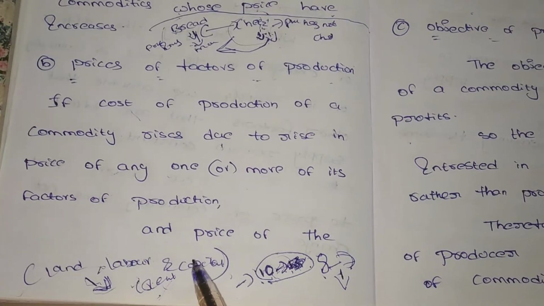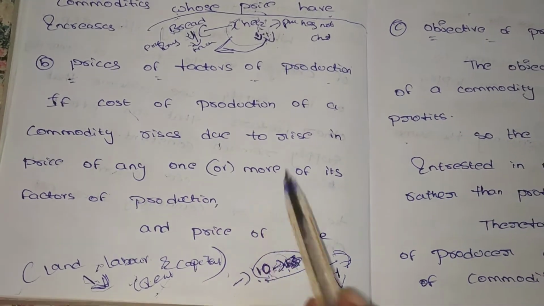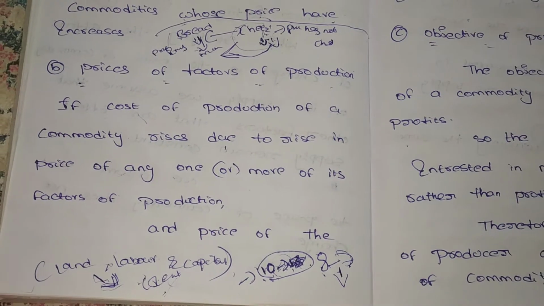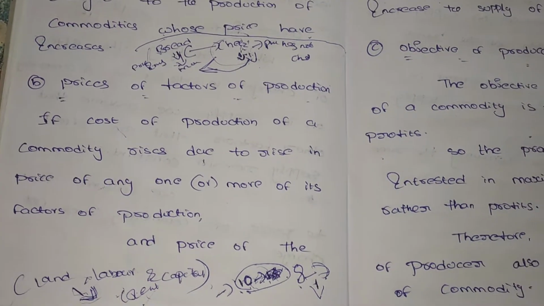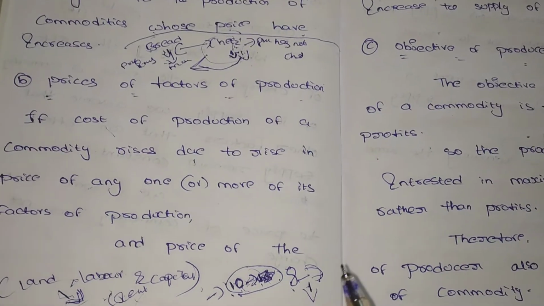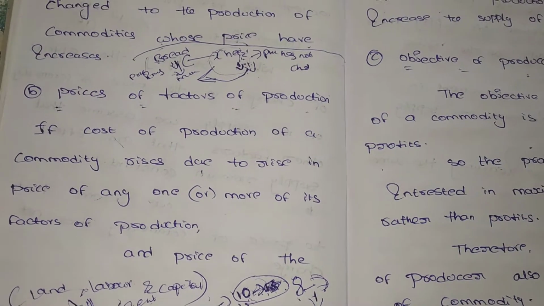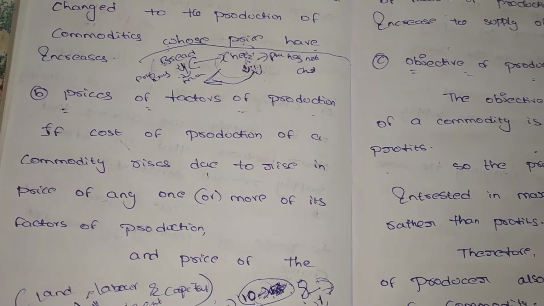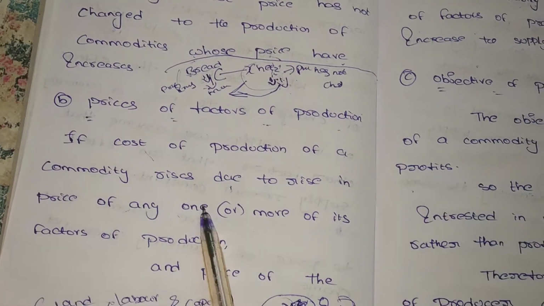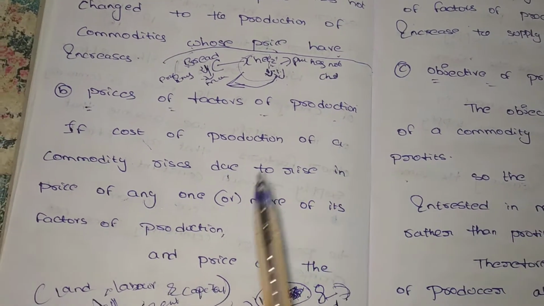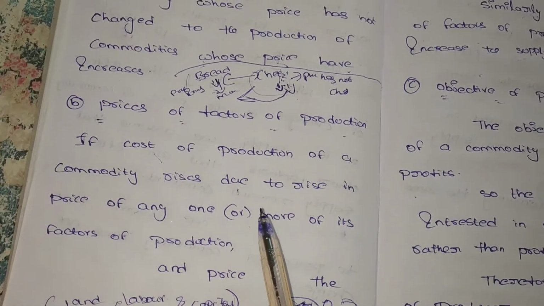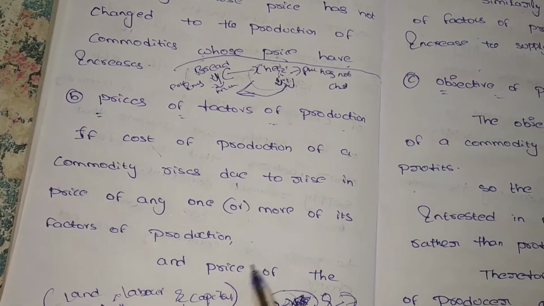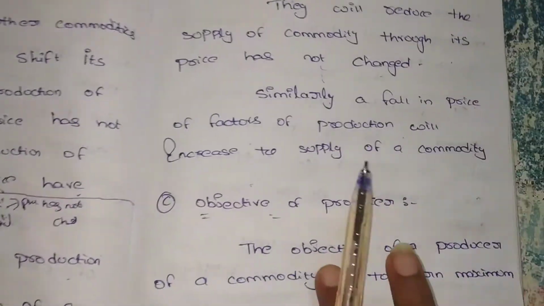If the other factors of production cost increases, the supply of the particular product will decrease, because the producer will get losses. But if the other factors of production cost decreases, the supplier will produce more goods. Based on these other factors of production, the supply can also be affected. Without change in price, if the cost of other factors of production changes, the supply also changes.